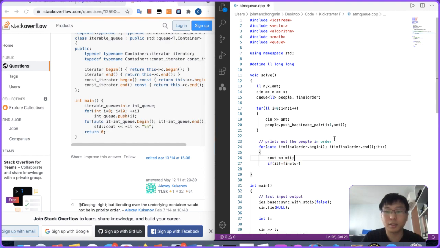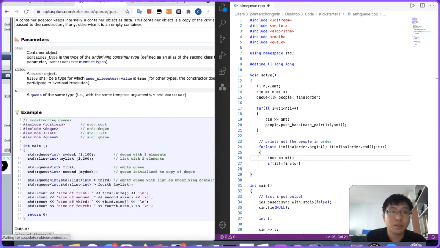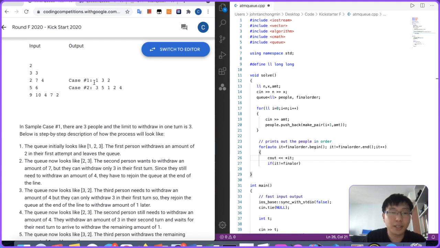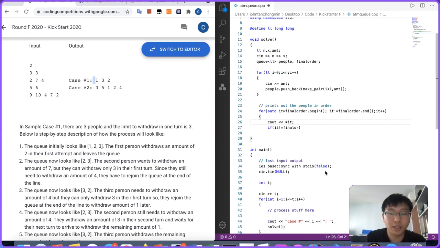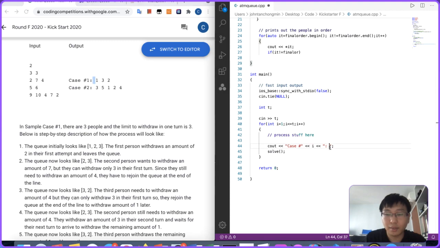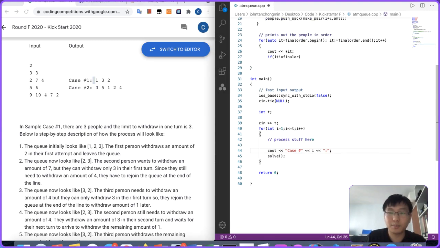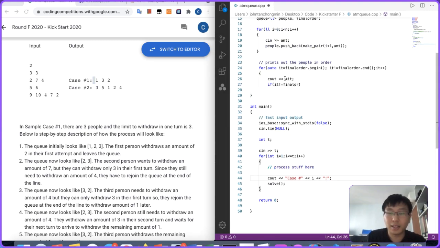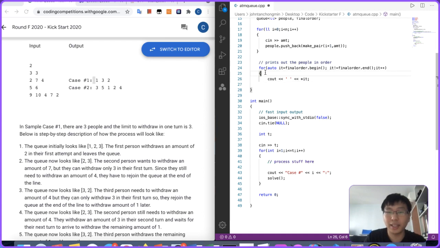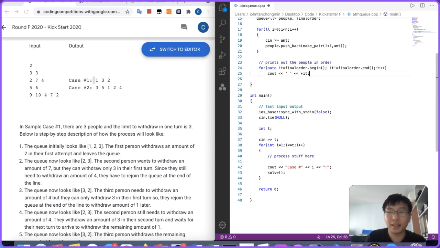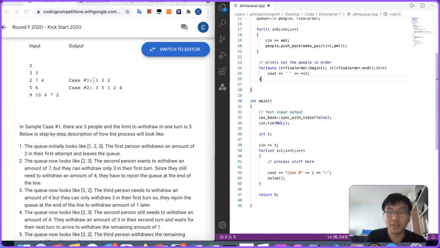There will be a space because I can just bypass it, because you see we have a space here for case one. What I can do is I can remove this space here, and then I can just print out like that. Then I don't have to bother about when it ends. At the end of it, I'll just endl out here.